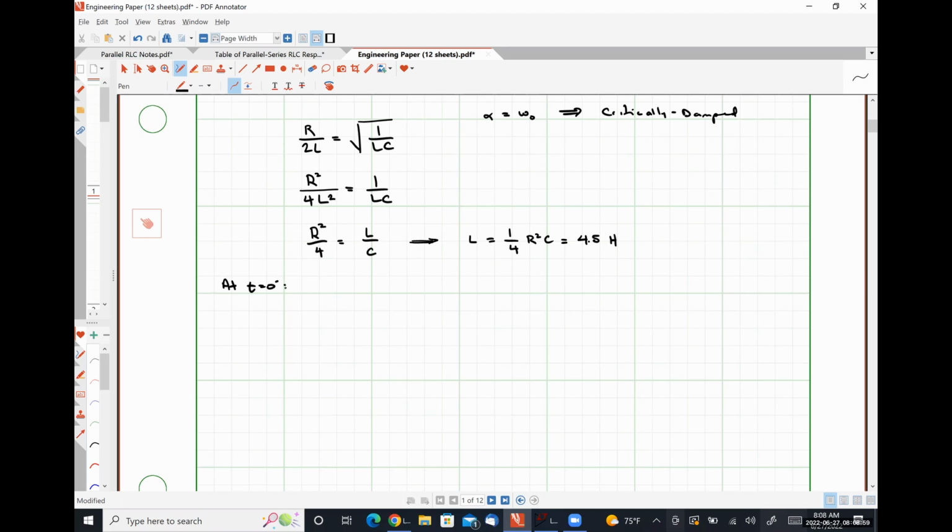And because we are at a time prior to the switch opening, we're going to treat our switch as a short circuit. So putting all of that together, we have a 4 milliamp source in parallel with a 1 ohm resistor.